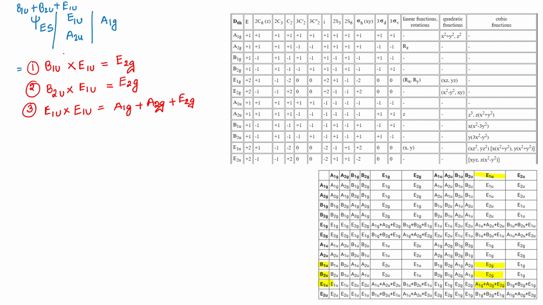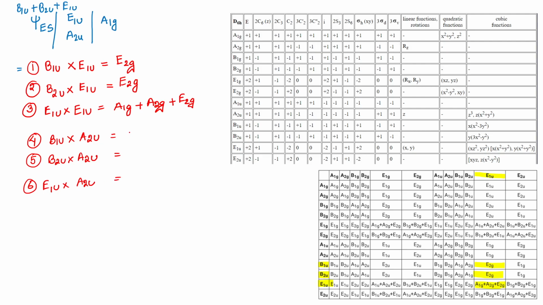What about the other options? The fourth: B1U into A2U, or B2U into A2U, or E1U into A2U.